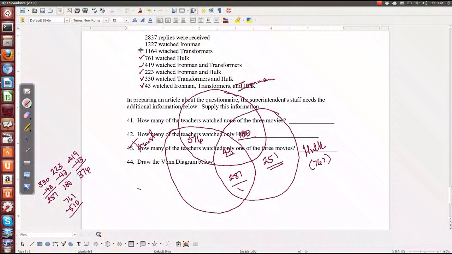For the 1164 that watched Transformers, I need to take away the 376, the 43, and the 180. In other words, the whole 599. Excuse me. Not these, the Transformers, the 376, the 43, and the 287.